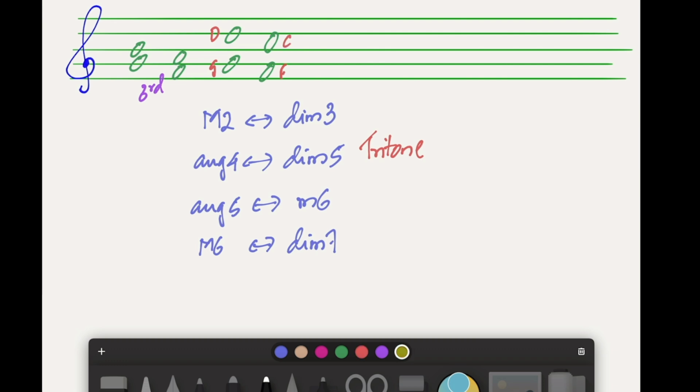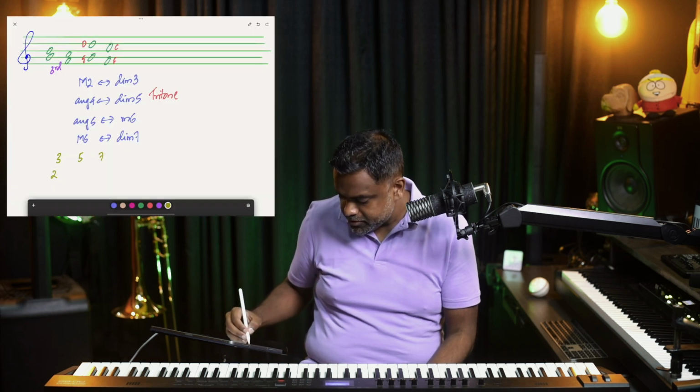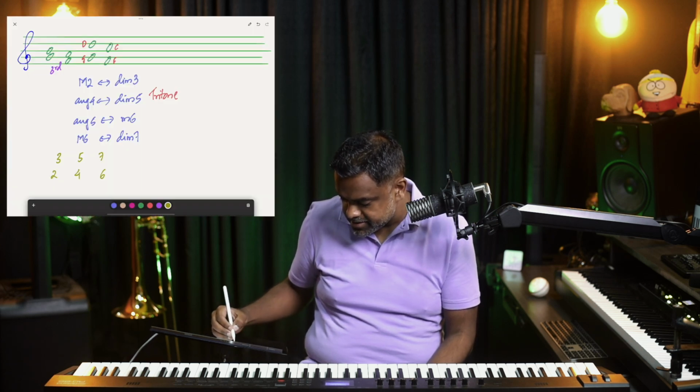So thirds, fifths, sevenths, maybe even the ninths as it goes forward will be built like that. Third, you don't skip a line. Fifth, you skip one. Seventh, you skip two. And then ninth, you skip three. Okay. And then when it comes to the other ecosystem, you can do 2, 4, 6, 8, which is nothing but the octave.